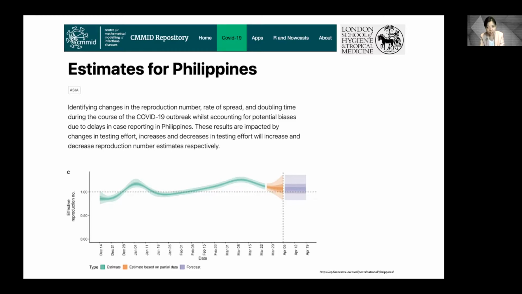Increases and decreases in testing effort also have some effect on the computation of the basic reproduction number. That is why at different stages, we might have different basic reproduction numbers. And at different locations or areas, a different basic reproduction number is also computed.